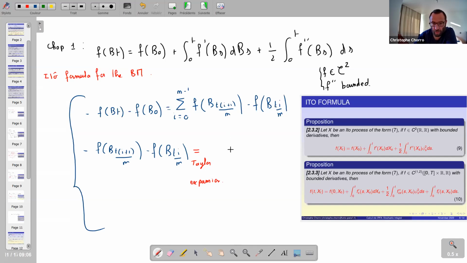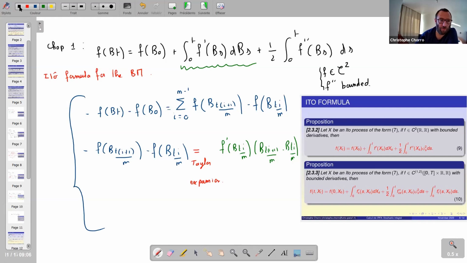F prime of B at ti over n times B at t(i+1) over n minus B at ti over n. And when I do the sum of these terms, it will converge toward exactly this term here, up to some basic computations.